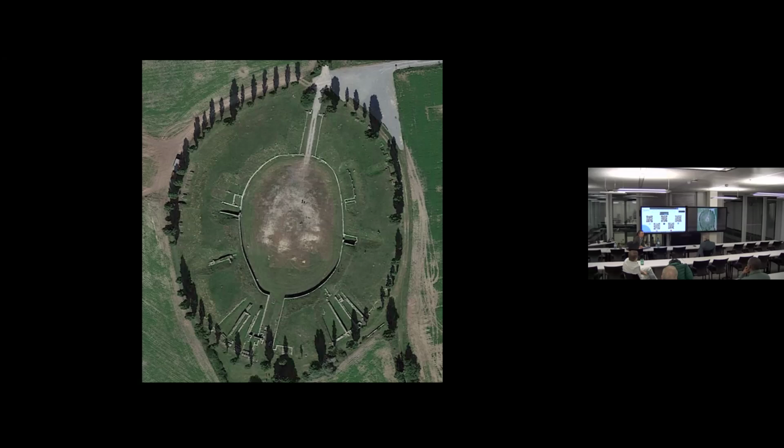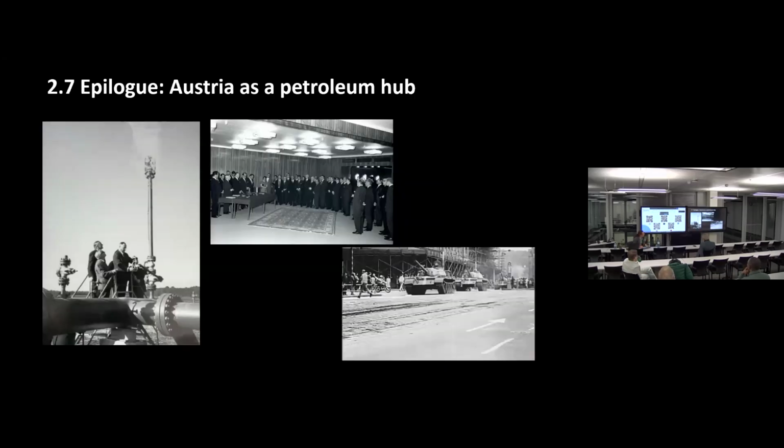And I think it's an interesting way, when in the Anthropocene we try to connect timescales of human history and geohistory, this is really something in the middle. Just as a small epilogue to this story, of course, the oil fields here are interesting in a local way, but we also have Austria as something like a petroleum hub, in particular for natural gas.